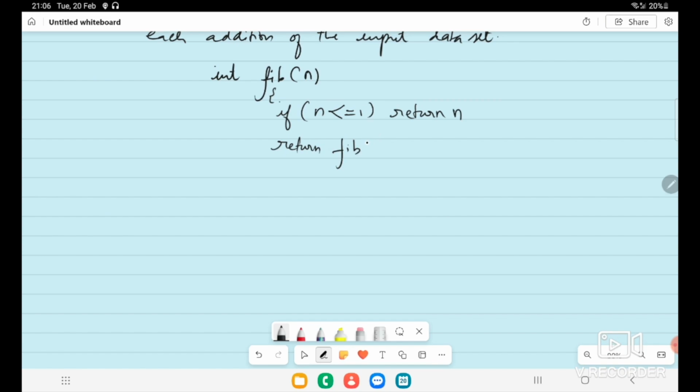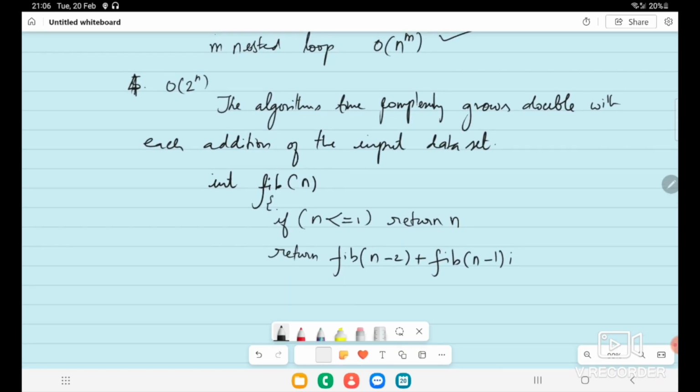It is a recursive function. So for this Fibonacci method, the complexity is 2 power n. In general, we can say 90% of recursive algorithms will have the complexity of 2 power n.